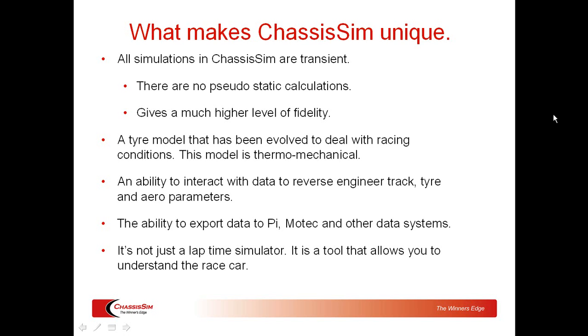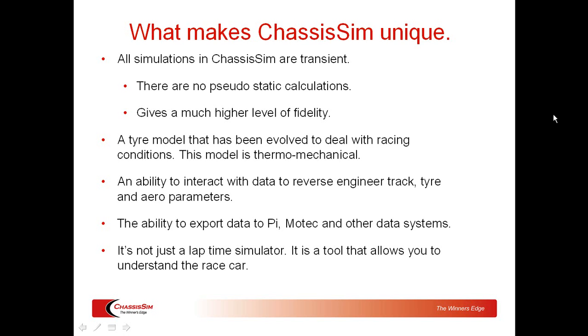The tire model in ChassisSim has been evolved to deal with racing conditions, and that model is thermomechanical. It has the ability to interact with data to reverse engineer track, tire, and aero parameters. It also has the ability to export data to data systems such as PyToolbox, Motec, Magneto Morelli, and many other data systems. And the other thing that I really want to ram home here is it's not just a lap time simulator.